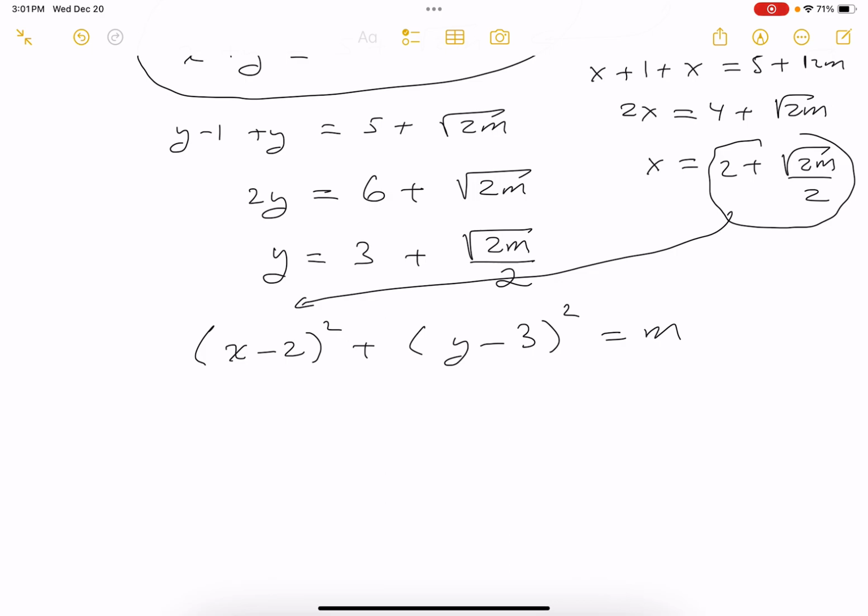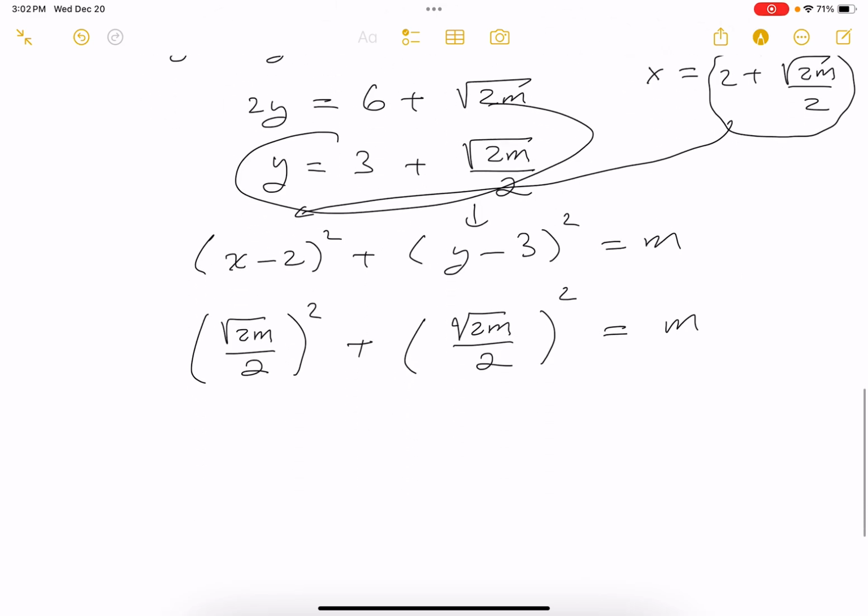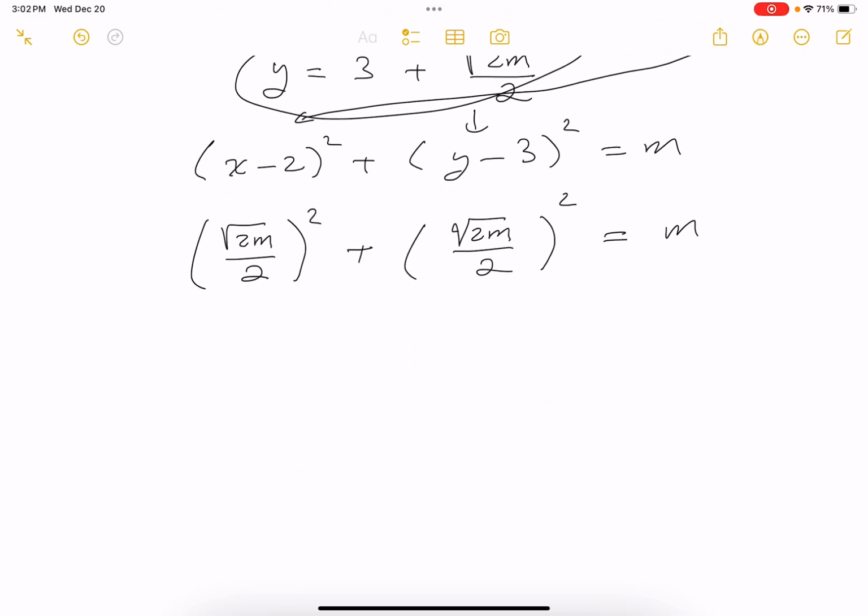Well, that's easy. You just get the root of 2m over 2, quantity squared, plus, let's plug the y in. And this is the y, by the way. We're going to plug it in here. And that looks pretty simple, too. You just get this over here. And again, I think we're pretty close to getting what m is. So what do you get over here?